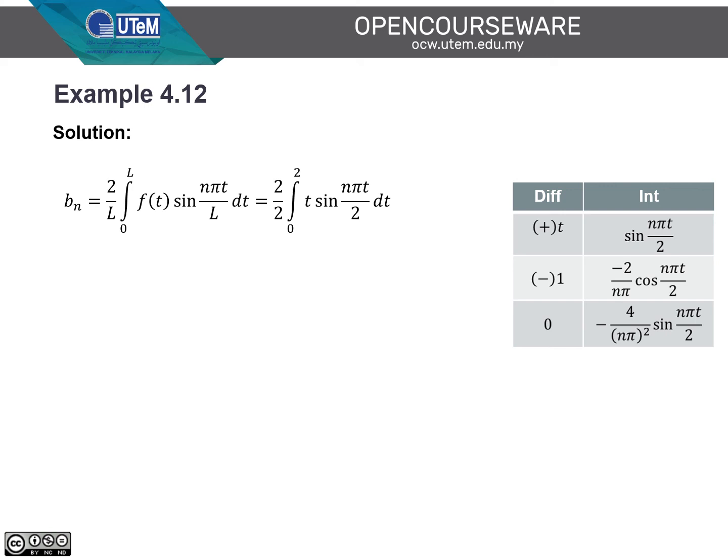In the differentiation column, the function t is differentiated until it becomes 0. And in the integration column, we integrate sin(n pi t on 2) twice to obtain the first integration minus 2 on n pi cos(n pi t on 2), and the second integration is minus 4 over n pi squared sin(n pi t on 2).